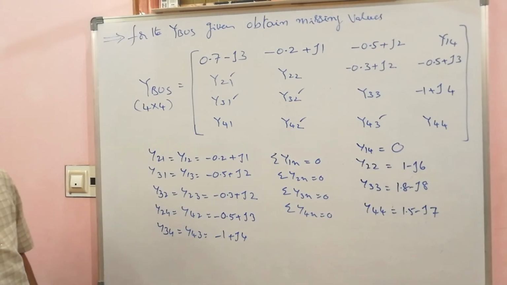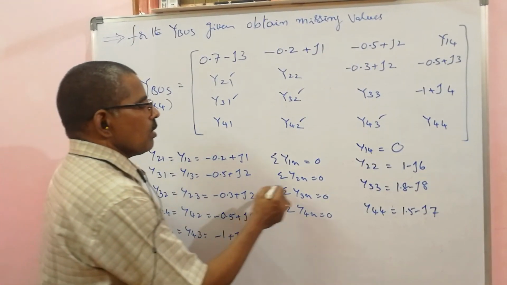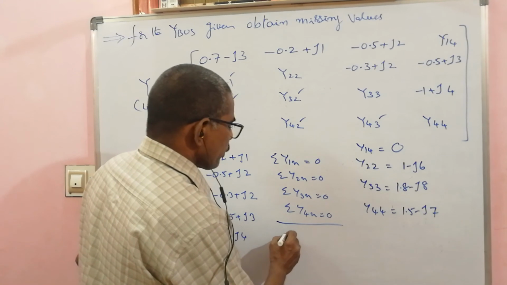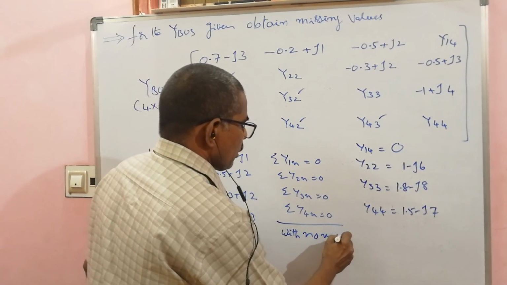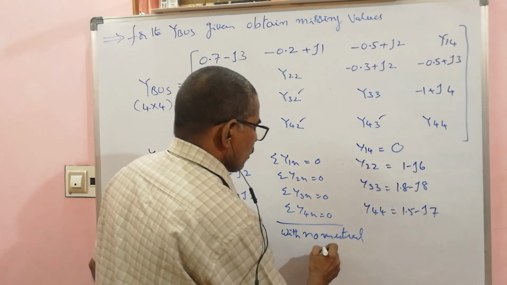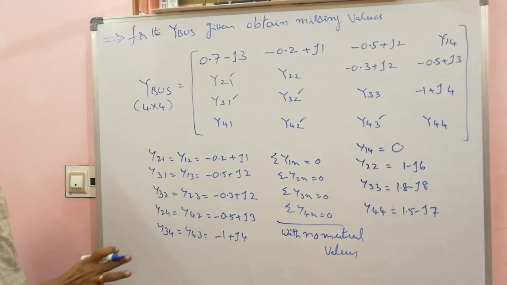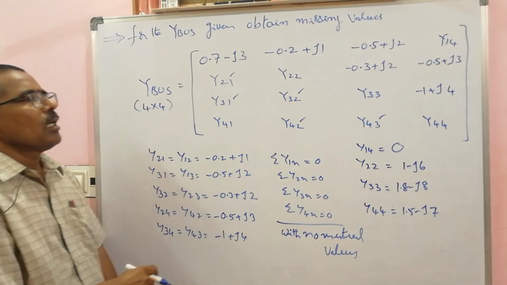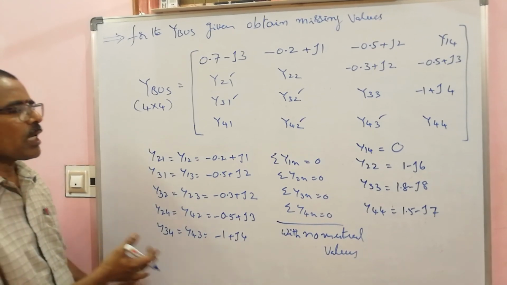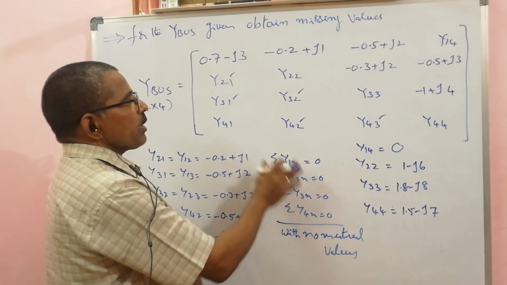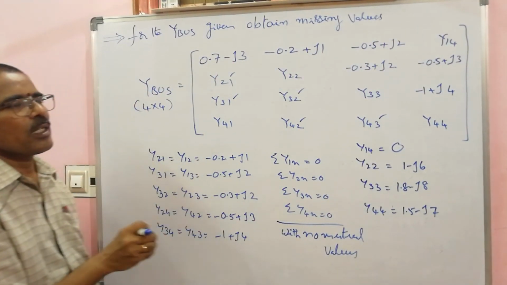So this property, that is row wise sum is 0, with no mutual admittance. So when mutual values are not there, this principle is applied, or that rule is applied for admittances, that is summation of admittances row wise is 0.